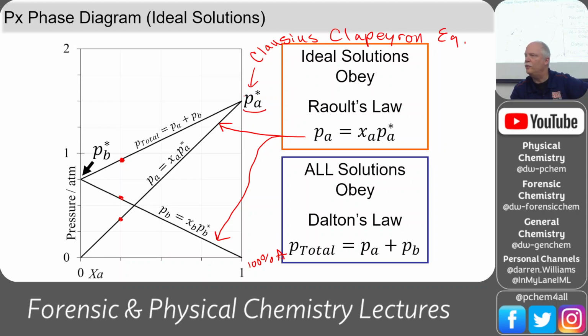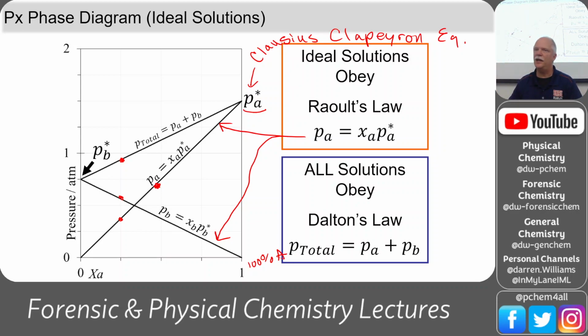There's no B. But if we start mixing them, and let's say we have 50% A, well, doesn't it make sense that if 50% of the liquid is A, then we'd have 50% of the vapor pressure of A? Because what's at the surface? A may want to leave the surface and come to equilibrium, but half of those chairs are filled with B. And so the vapor pressure of A has dropped because essentially it can't really leave the surface and condense also.